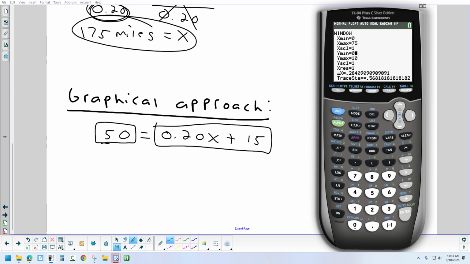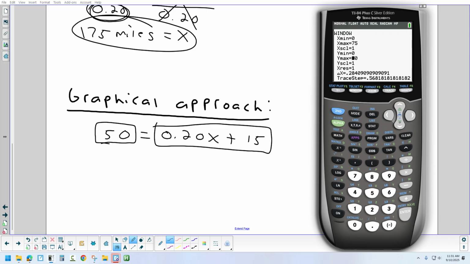15. Technically it's going to be 15. But I'm going to go a little bit lower just so we can see the x-axis. And we already have a horizontal line at what number? 50. Oh, 15, no, that's our y-intercept.